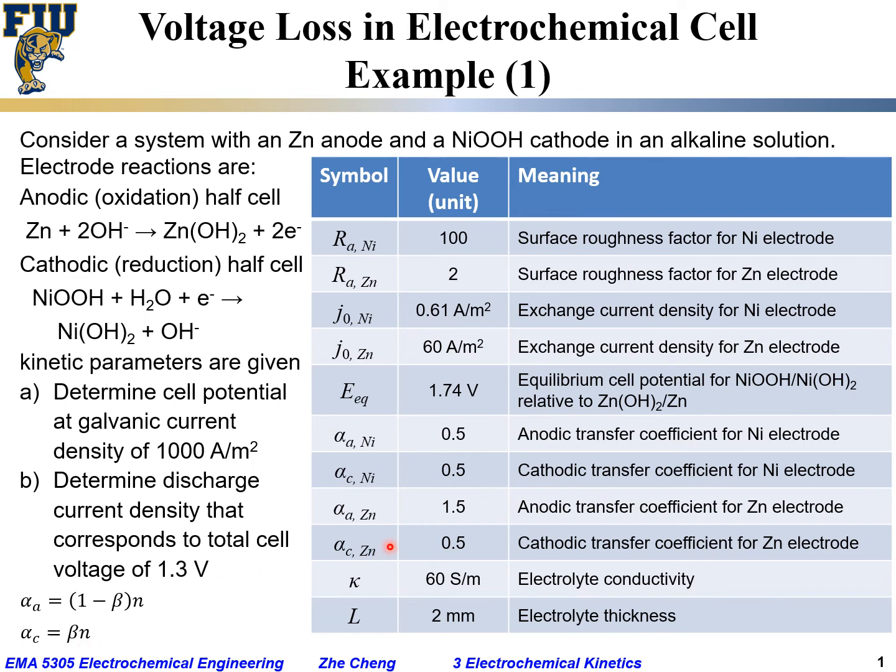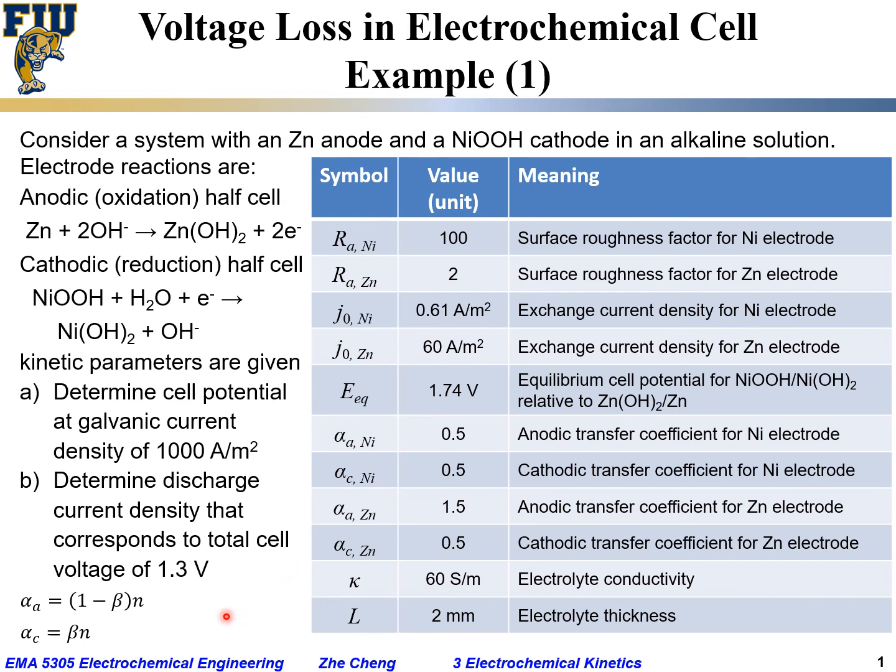And for example, for the zinc electrode, the n would be 2 and the beta would be 0.25, and that would give us this number. And for the nickel electrode, n would be 1 and beta would be 0.5, then that would give us the cathodic transfer coefficient for the nickel electrode.